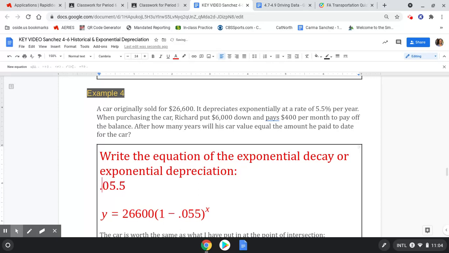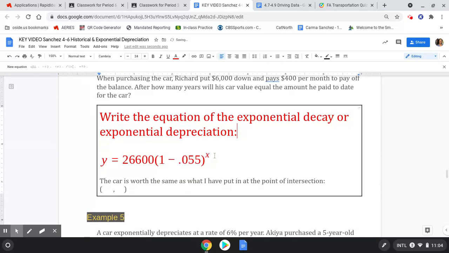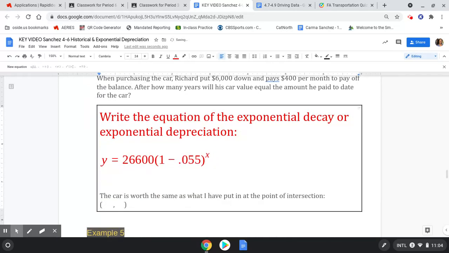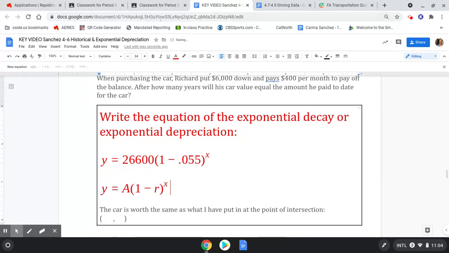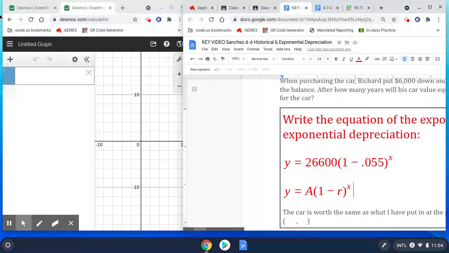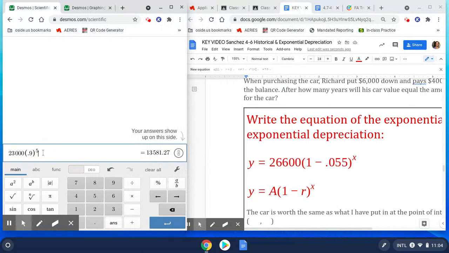And so that makes the decimal 0.055, moving it twice to the left. Is that okay? It's a very small percent. All right. Well, 1 minus 0.055, let's go figure out what that is in Desmos. And that's 0.945.